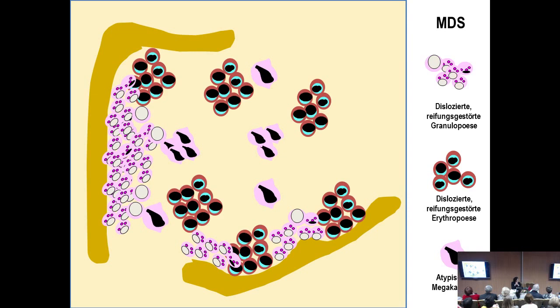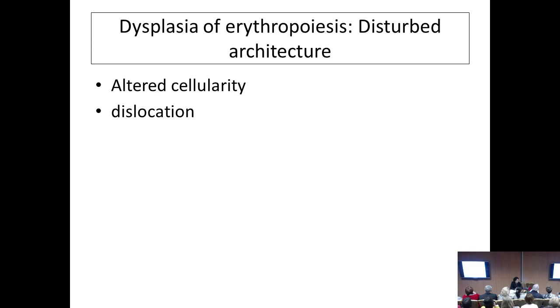Another abnormal topography is the localization of granulocytic precursors away from the bony trabecula in the middle of the bone marrow without association with the vessel. So these are information that we get from topography, therefore histology is also of importance for making the diagnosis of MDS. So now let's turn to the different cell lineages and the criteria which we can use to establish dysplasia.